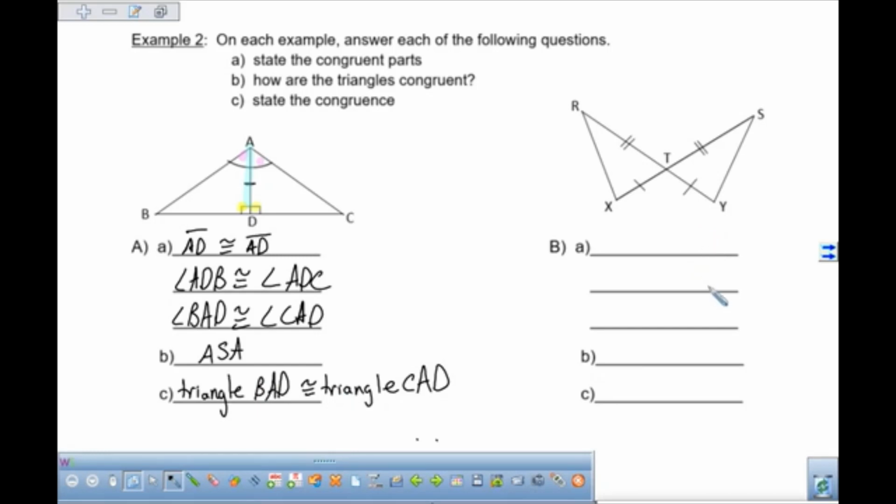On our next one, go ahead and mark your vertical angles, and that is angle RTX being congruent to angle STY. And we have two sets of sides that are congruent.